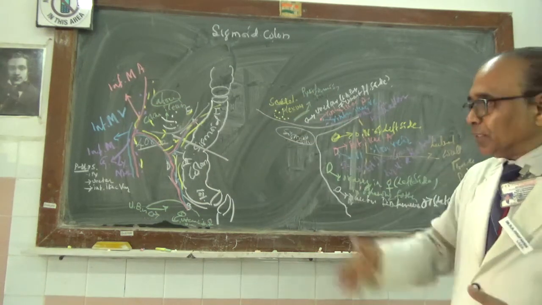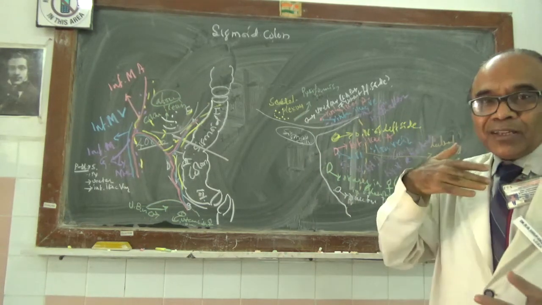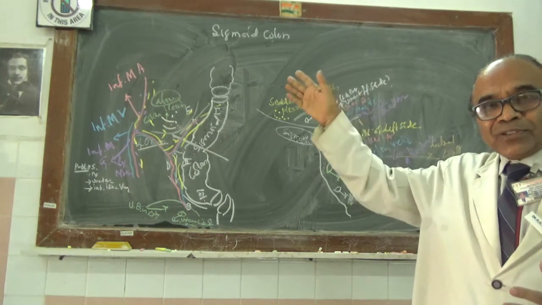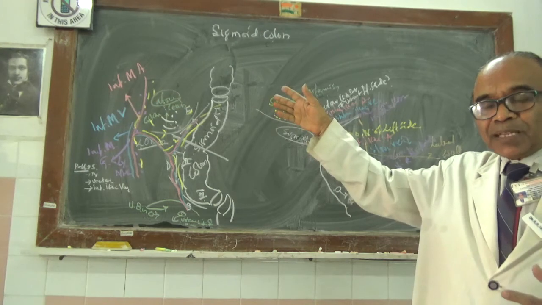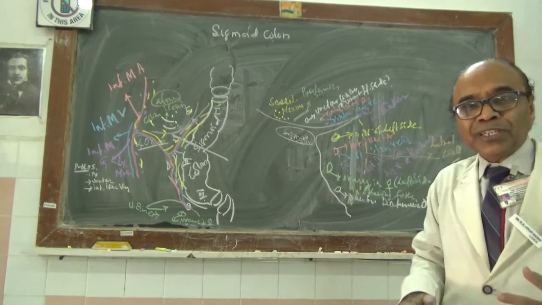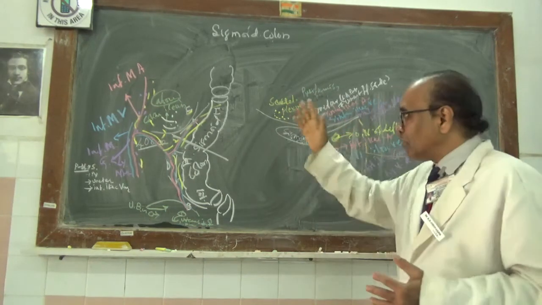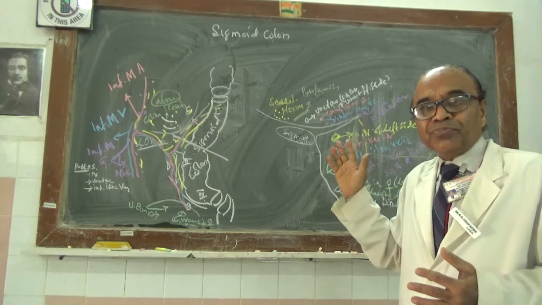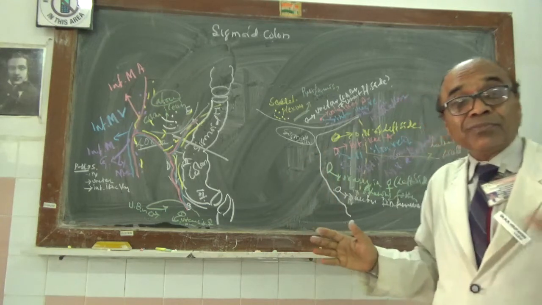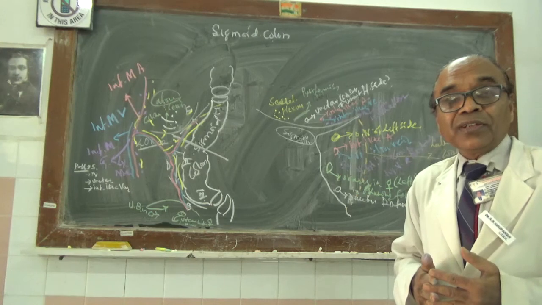So this is how you have the dual venous drainage and arterial supply, which has already been explained. Depending upon that, the lymphatic drainage: right part of the transverse colon, right colic flexure that is hepatic, ascending colon, cecum and appendix are by the superior mesenteric group of lymph nodes and lymph vessels. But the left part of the transverse colon, left colic flexure or splenic, descending and sigmoid are by the inferior group of lymph nodes and lymph vessels.